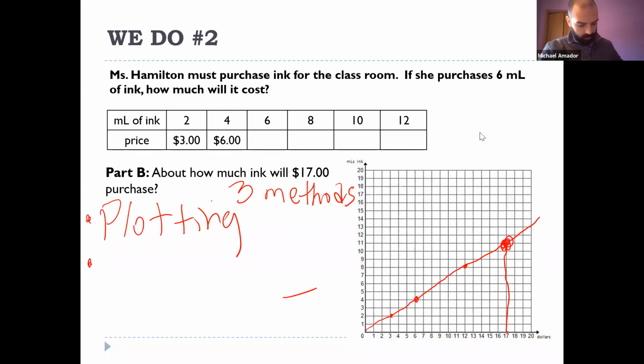Lemuel, what's another one of the methods that we used today to solve problems with proportional relationships? The ratio chart. Ratio table. Ratio tables.